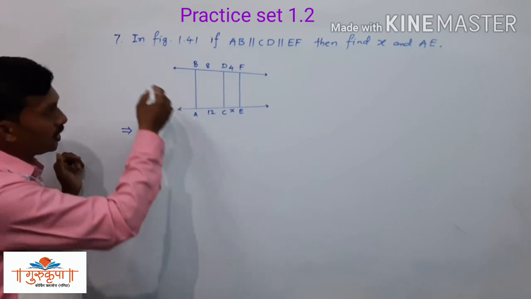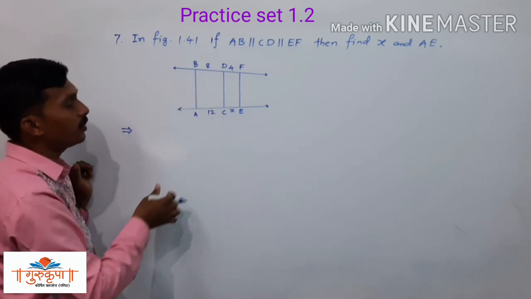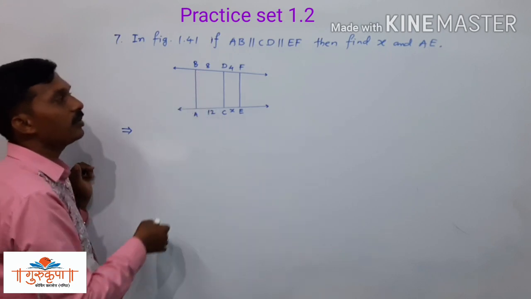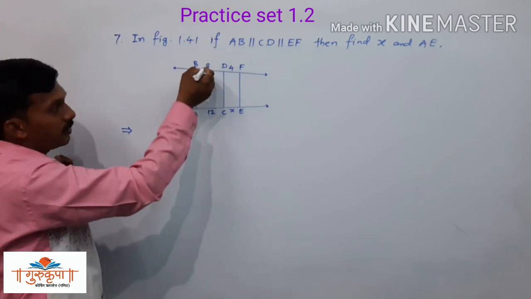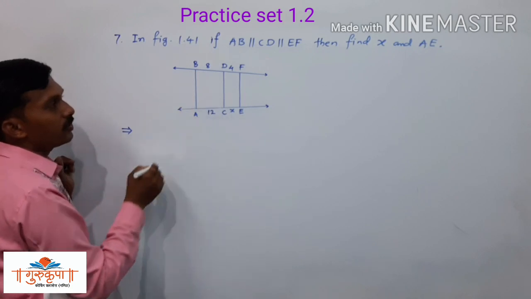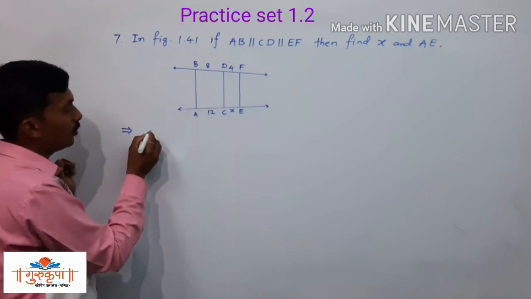So here the diagram is already drawn. Now we will write the given information, or the information which is available in the diagram. We will first write the measurements which we have available in the figure above.